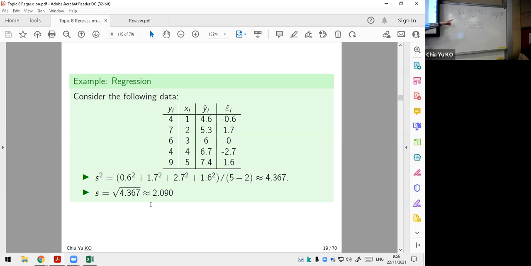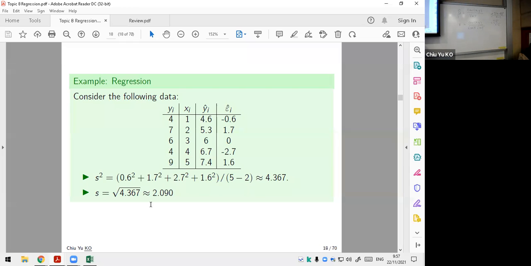Here is the formula for S in this framework, not in the regression. It will be very similar to this one, but it will just be epsilon i hat squared and minus 2, because this guy is 0. Just to remind you, the mean of the residual is 0, so you can cancel this out. And minus 2 because you estimate alpha and beta.